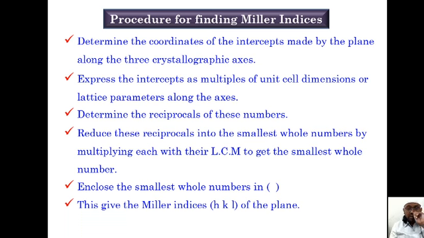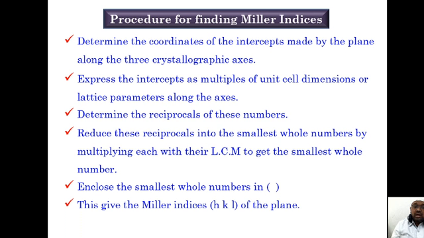So now, how can you find the Miller indices? Miller indices are the mathematical values which give us the information regarding the crystal planes in the form of the smallest possible integers. So how can we locate these Miller indices? There is a procedure.